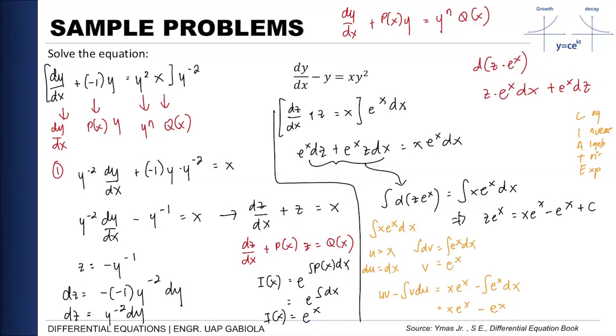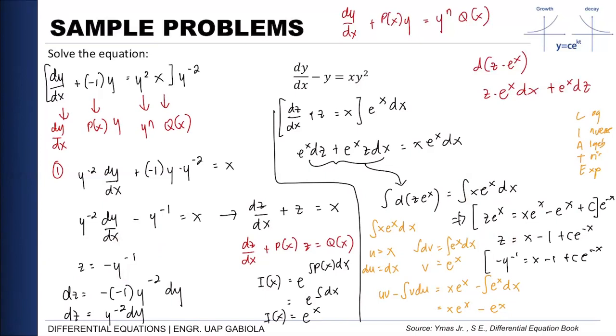Okay? So pwede natin actually i-multiply na e^(-x) yung whole equation natin. So this will be z is equals to x minus 1 plus C e^(-x). Okay? So meron na tayo niyan. Pag meron na tayo niyan and we cannot do anything anymore, we can now substitute back yung value ni z. Okay, which is ito. So y^(-1) is equals to x minus 1 plus C e^(-x). And then, simplify na lang natin yan.